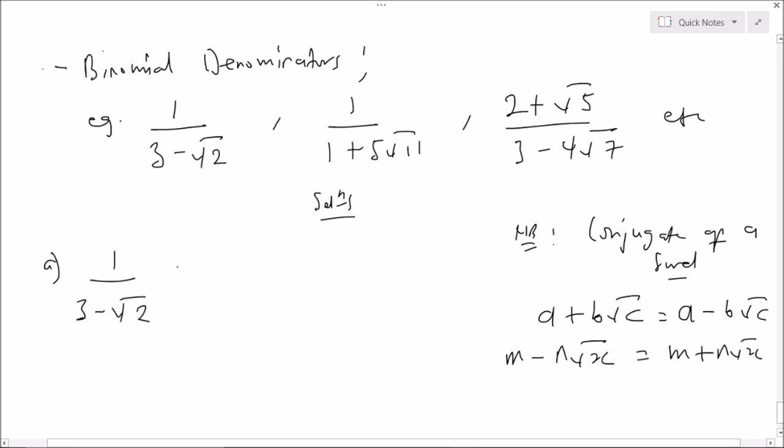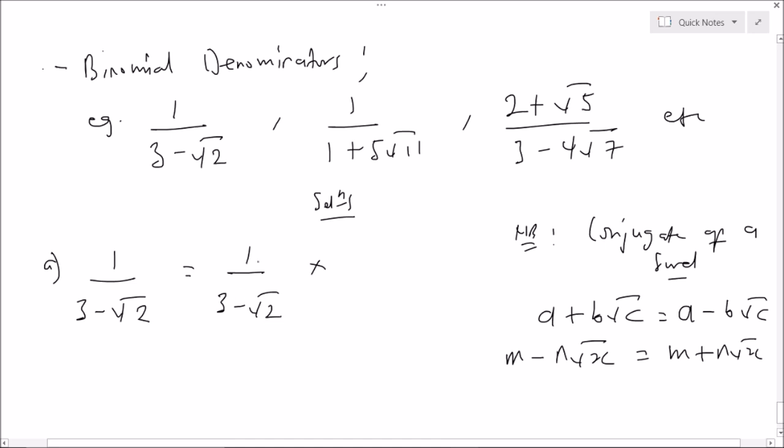So let's use this idea or this concept to rationalize our surds with binomial denominators. So the A, 1 over 3 minus root of 2 will be the same as 1 over 3 minus root of 2 times, here what we do is that we multiply both numerator and denominator by the conjugate of 3 minus root of 2.